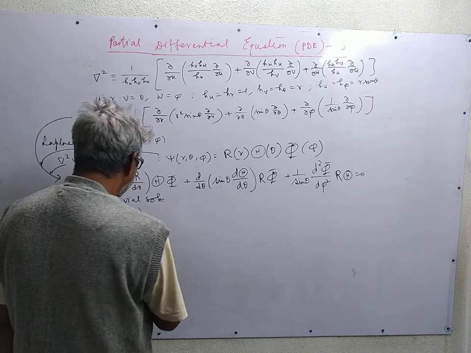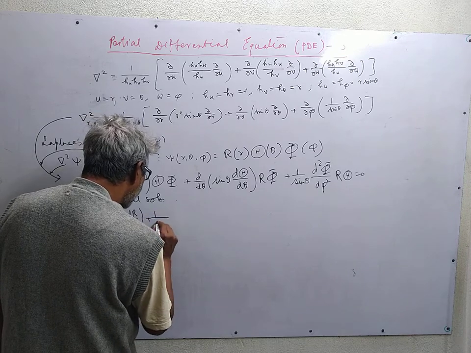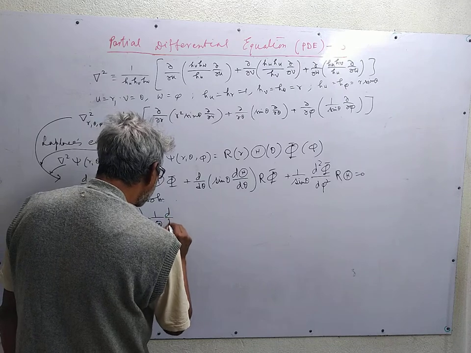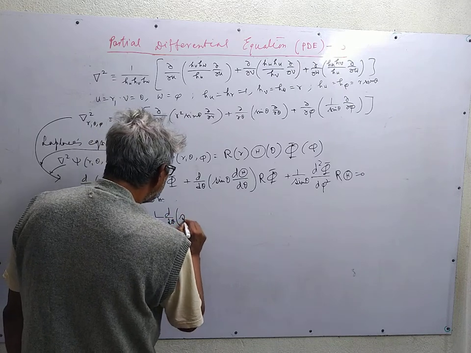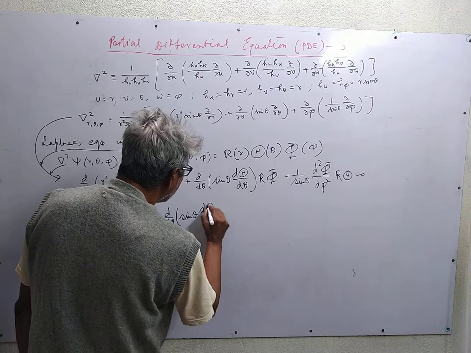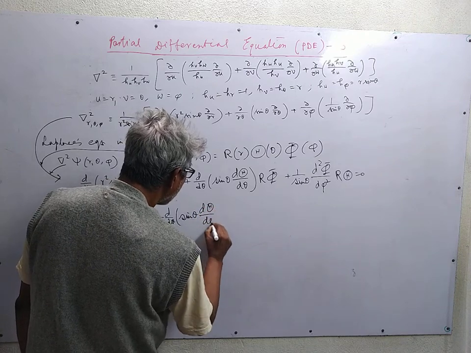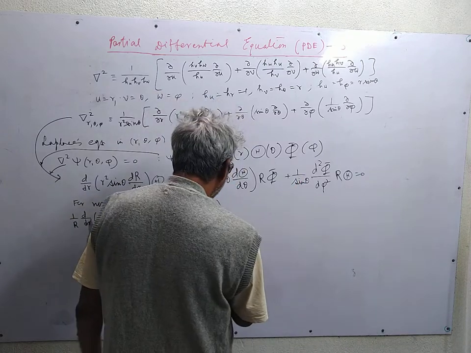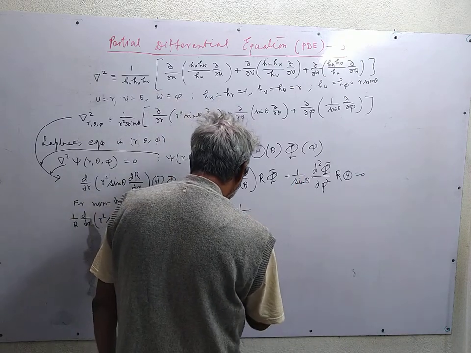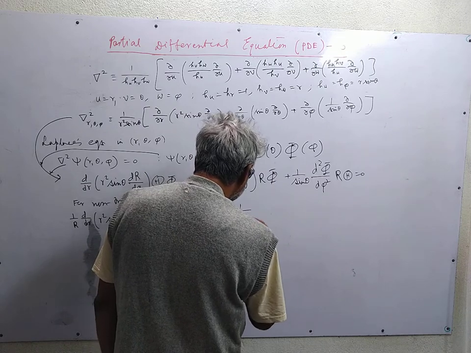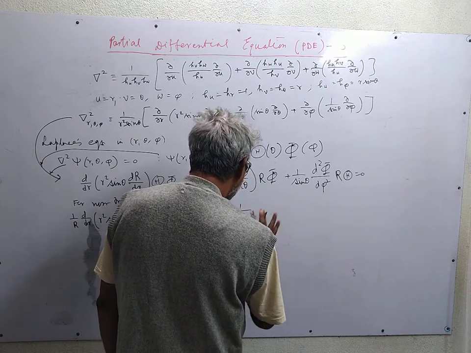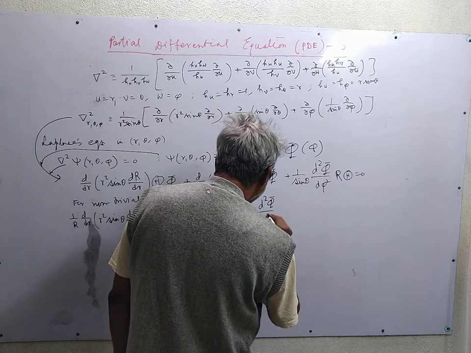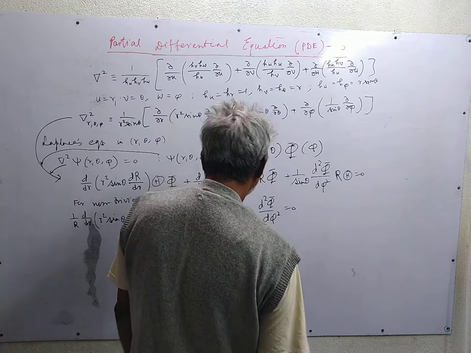Then the second term, this is 1 by big Theta d by d theta of sin theta d Theta by d theta. Then we have this term plus 1 by sin theta big Theta, d2 Phi by d phi 2, is equal to 0.